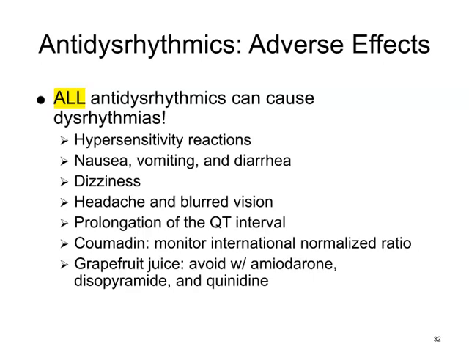There's always potential for hypersensitivity, lots of GI disturbances, and prolongation of the QT interval. If somebody's on Coumadin, you would want to monitor their INR because of the interactions with warfarin. Grapefruit juice should be avoided with amiodarone, disopyramide, and quinidine.